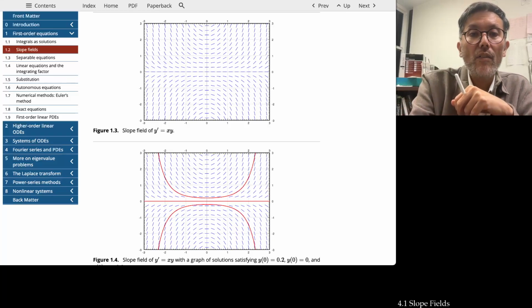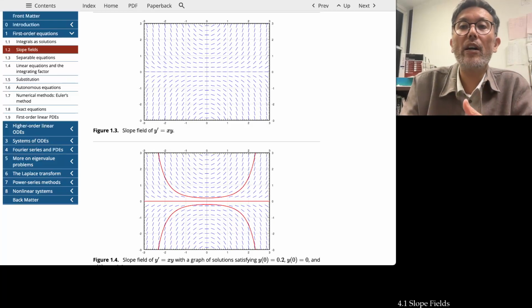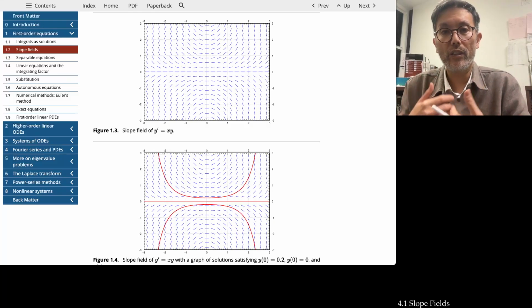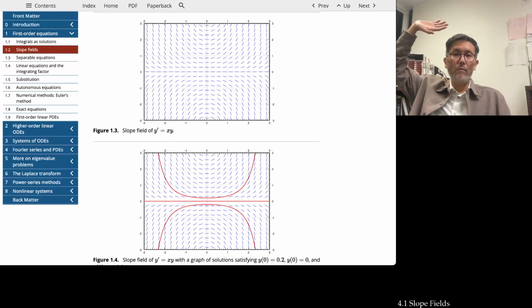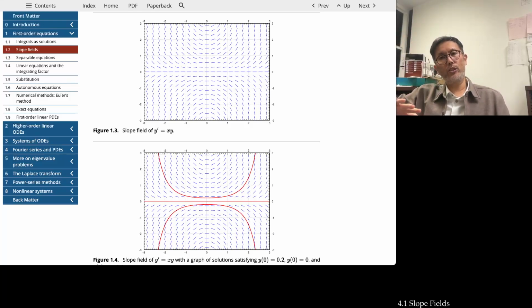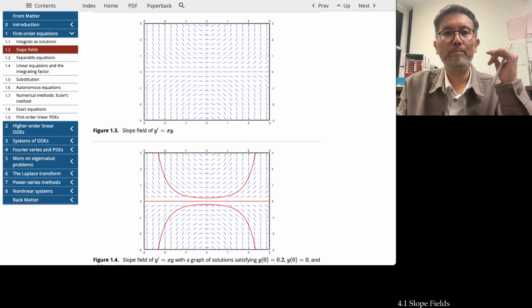And you can see there are different particular solutions corresponding to different initial conditions. Indeed, remember the idea from a previous video that you can pass from the general solution to a particular solution by specifying an initial condition, okay?